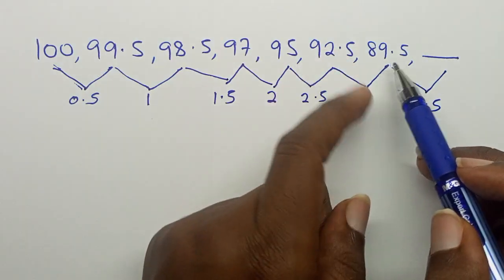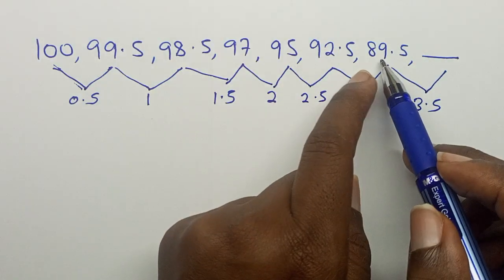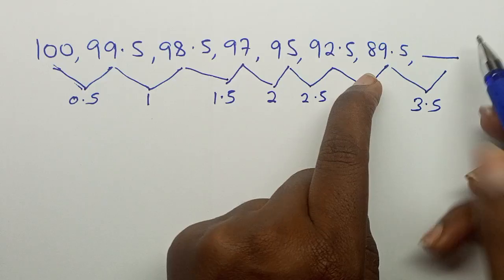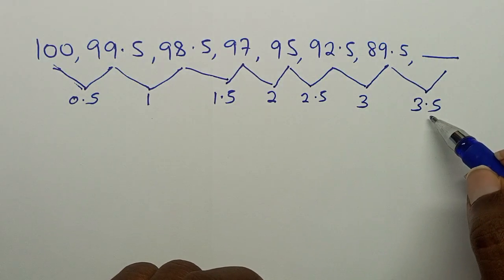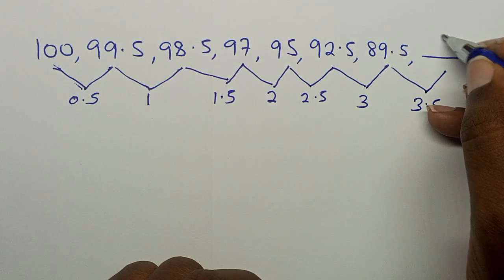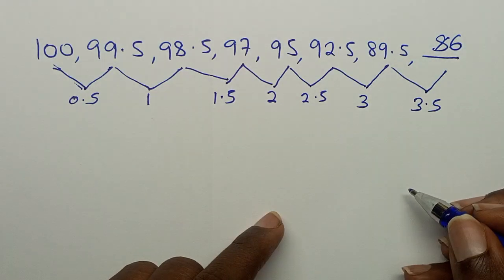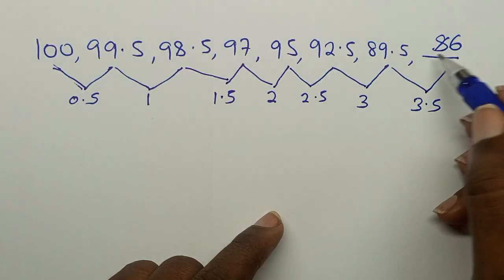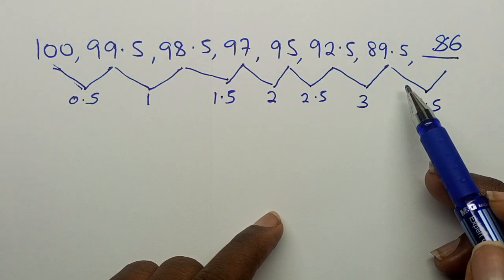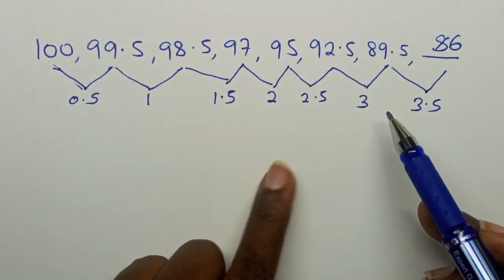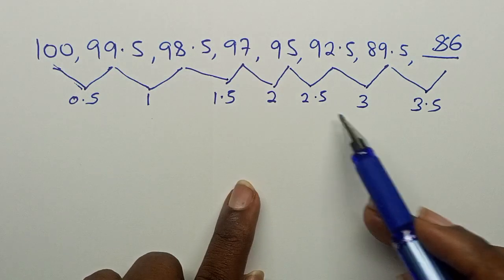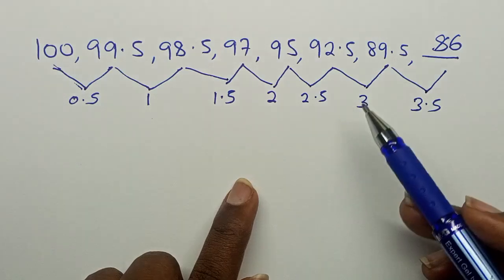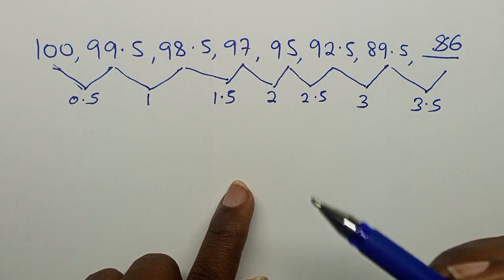So we subtract 3.5 from 89.5 to find this value. 89.5 minus 3.5 gives us 86. So 86 is the next value in this sequence. You have to study the sequence and know what to do next. This was easy because it was following a smooth pattern.